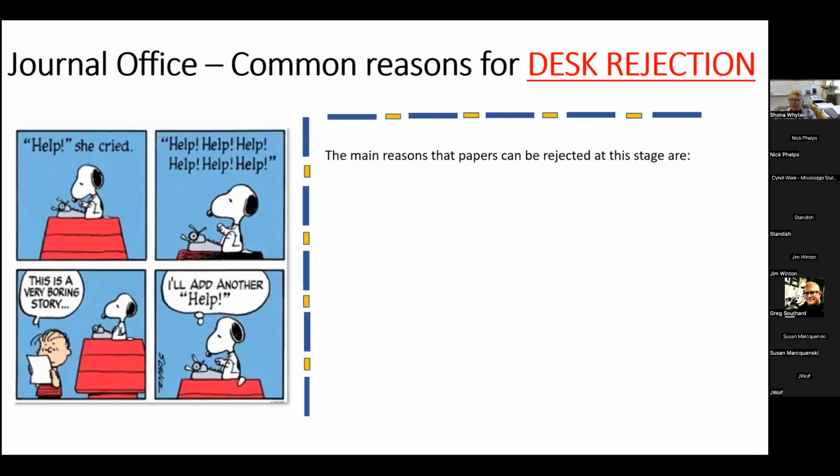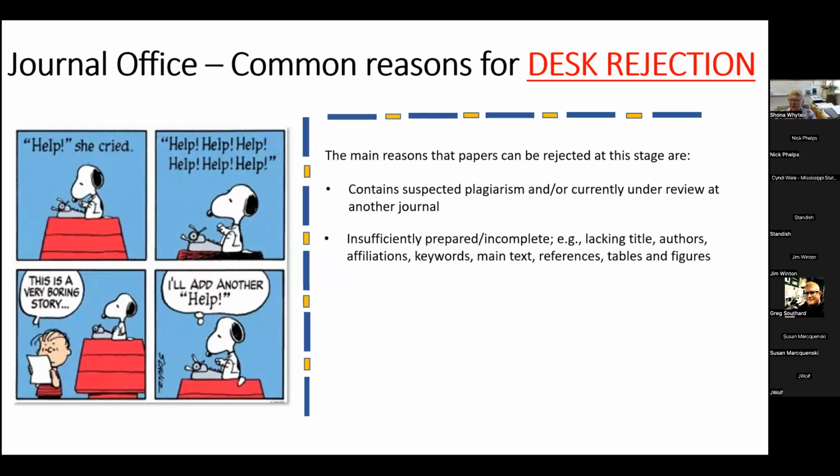The common reasons for desk rejection are kind of obvious. It would be plagiarism or duplicate submission, incomplete submissions, so they're missing specific requirements within the manuscript. The language is not sufficient for peer review.